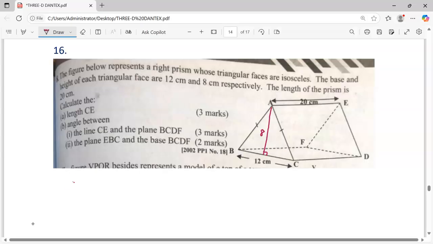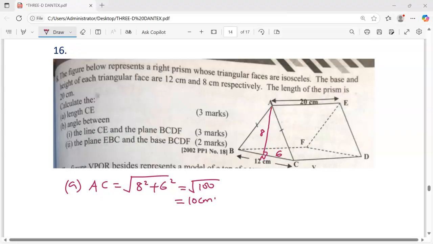And for us to get AC, we are going to use the height, which is 8, and also assuming this point here is N, then NC is going to be 6, and therefore using the right angle triangle NAC, we are going to have AC as the square root of 8 squared plus 6 squared, giving us the square root of 100, and the square root of 100 is going to be 10 centimeters.